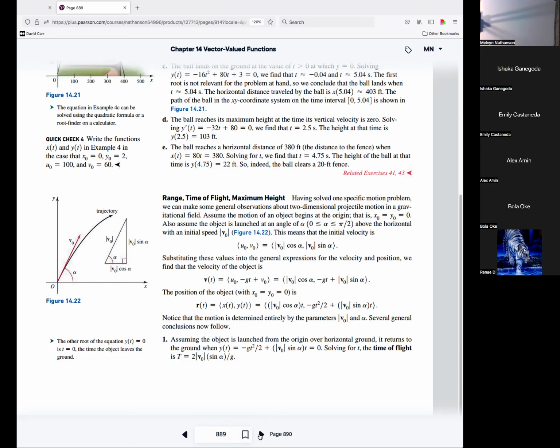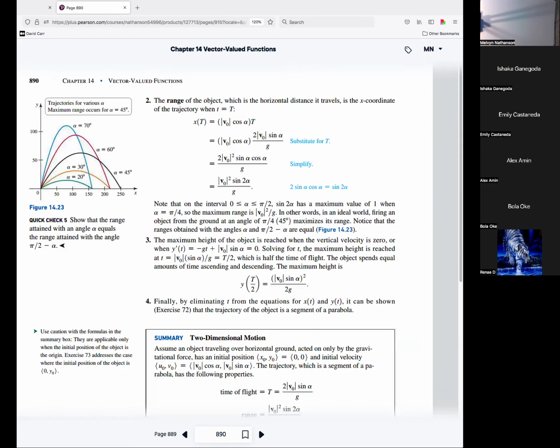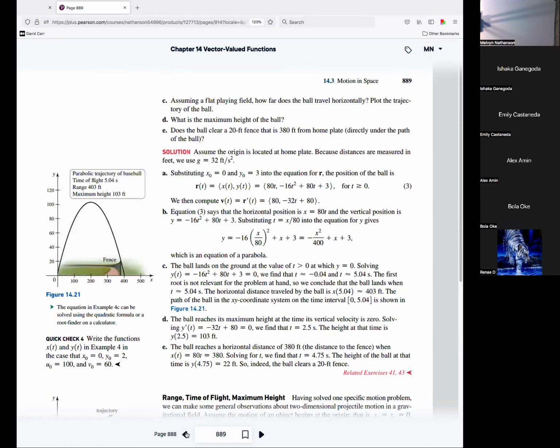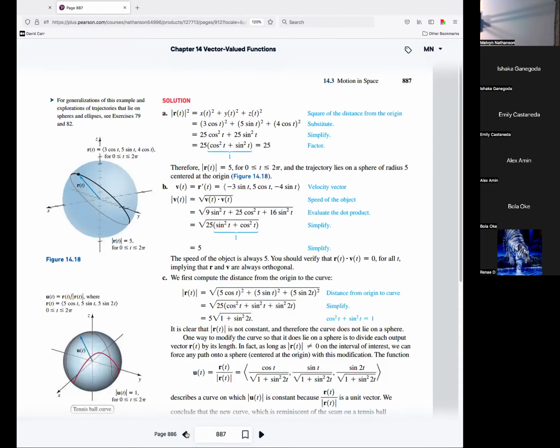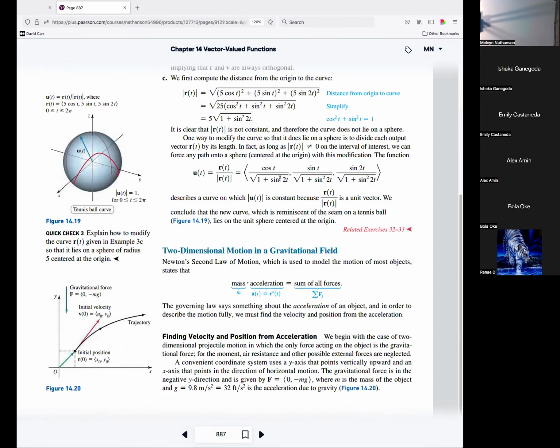Let me just go back a bit. Actually, I'm hesitant to move too fast because if I follow the syllabus, which I try to do, the lesson for today was the previous section on the calculus of vector valued functions, the derivative and the integral.